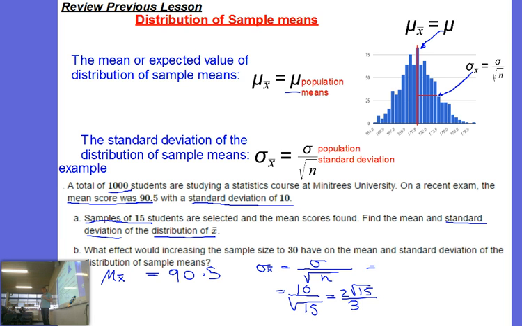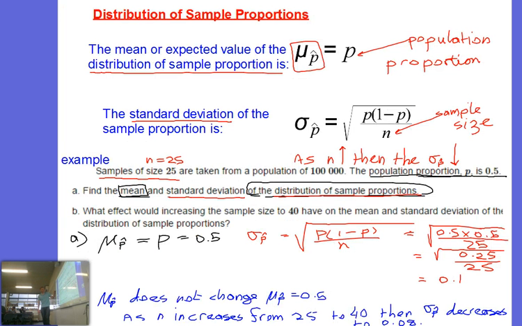And you've got those 2 rules from our previous lesson, that were these ones. That's for the proportions, P or P hat. So there's the mean of the distribution of P hat, there's the population proportion, and the standard deviation of the distribution of P hat. You've got those 2.